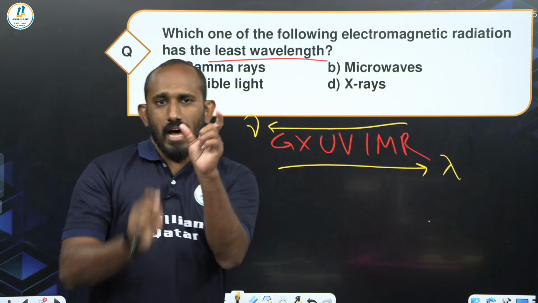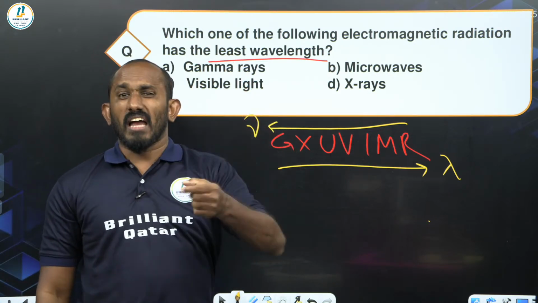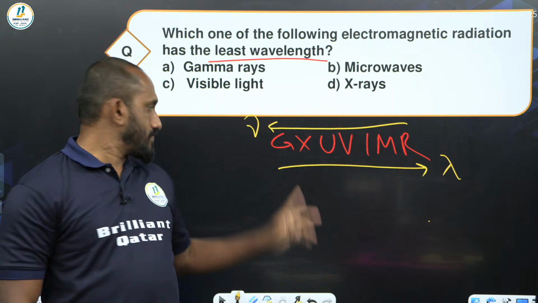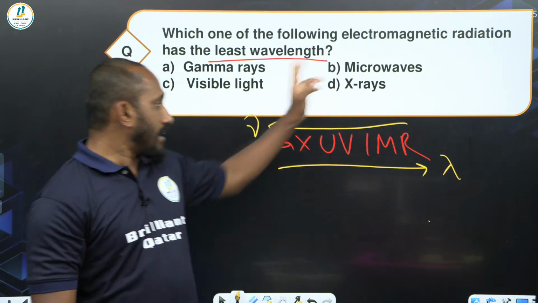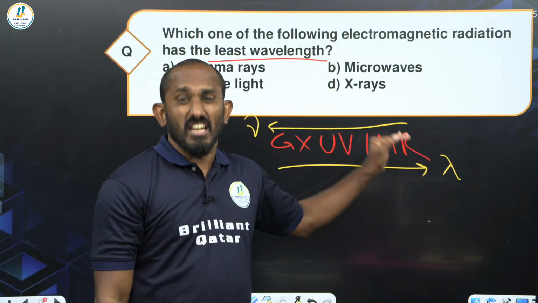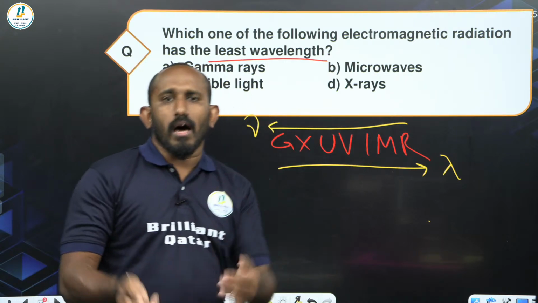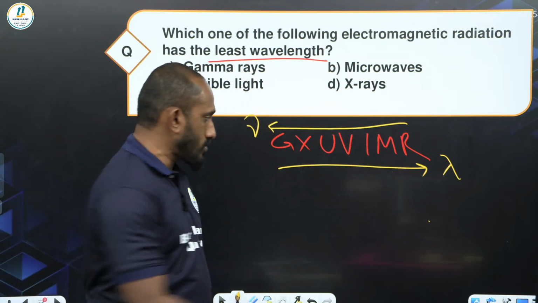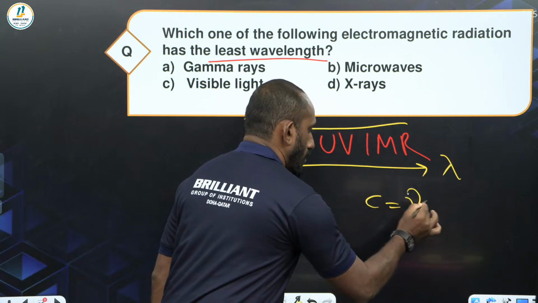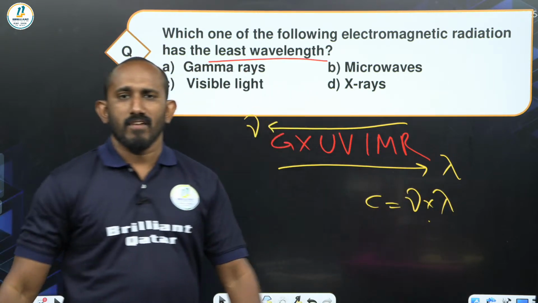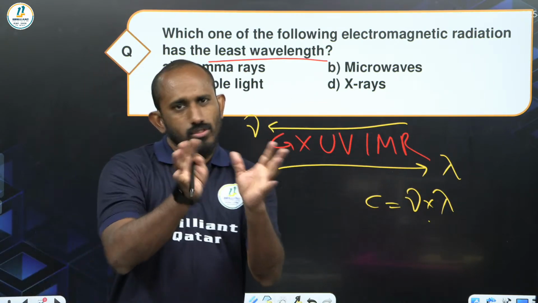So gamma waves have the highest frequency and lowest wavelength, and radio waves have the highest wavelength and least frequency. If nu is given, lambda you can find out, and if lambda is given, nu you can find out, because the speed c is equal to nu into lambda. So all these items you can club here.